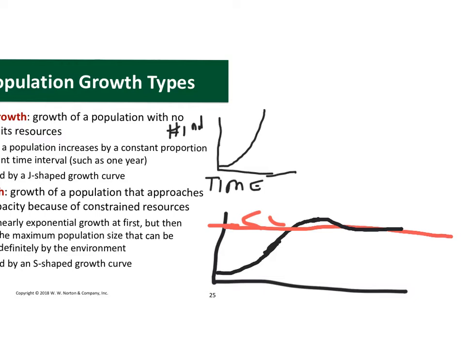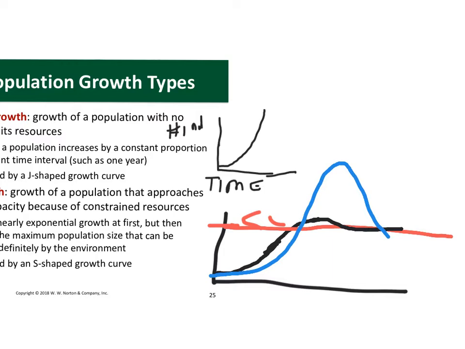In other words, as it's approaching carrying capacity, the population growth rate actually slows down until the growth rate is 0. Okay? If the growth rate is negative, let's say like that, that means the population is declining.